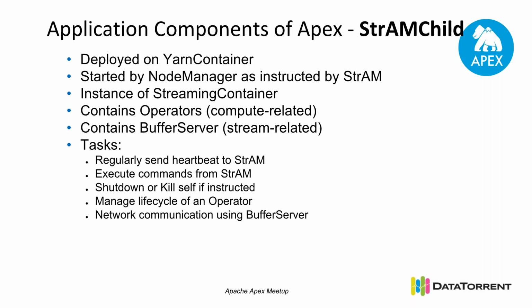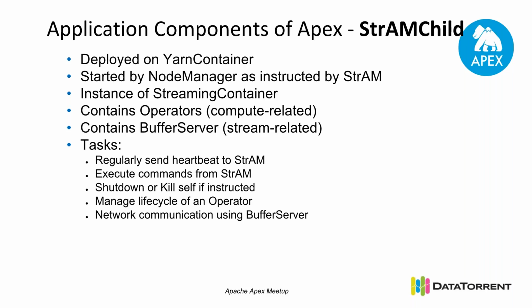In that case, the Apex StrAM can ask the resource manager for more resources. Let's take an example: you have Kafka input and HDFS output. To start with, I had only 2 instances of Kafka input and 1 instance of HDFS output. Now you were getting only 100 records per second, and now you're getting 1000 records per second.